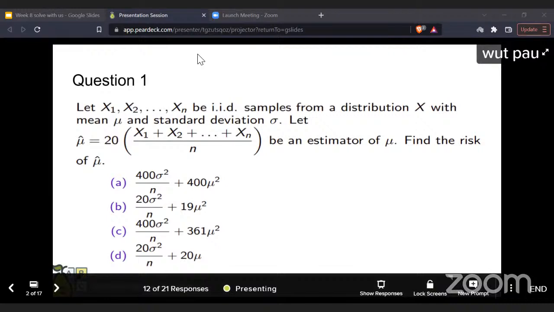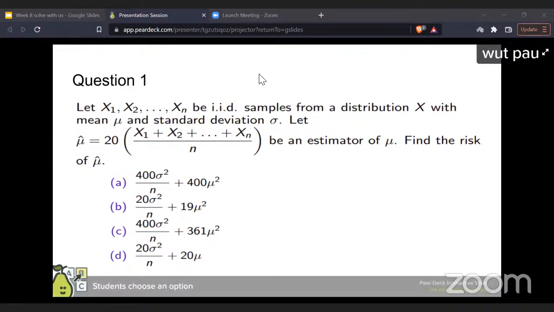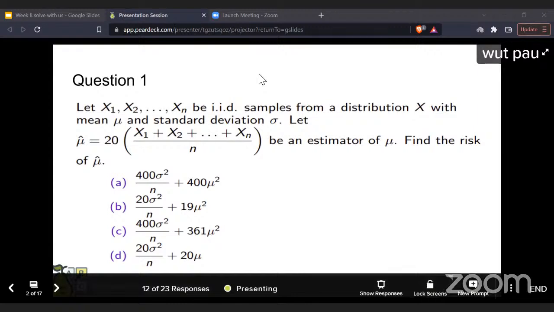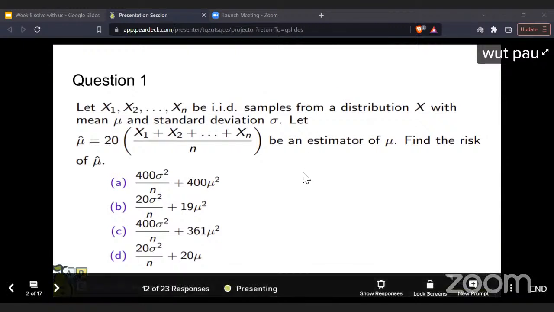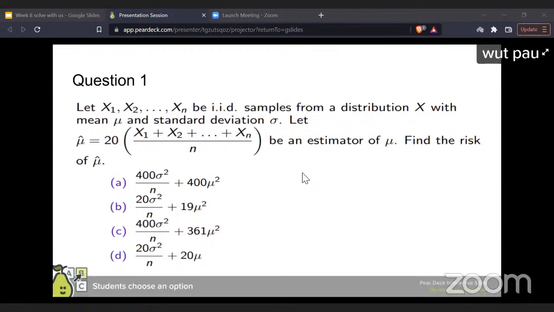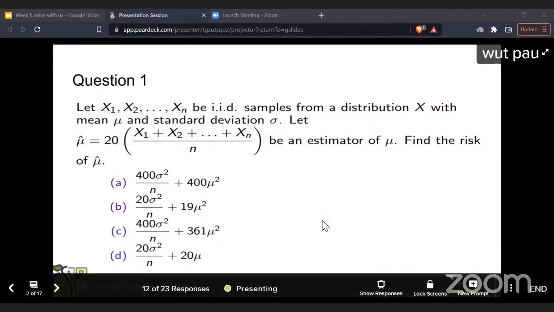Ma'am, we will use bias plus variance of the estimator, variance of mu hat. Okay, so what is the bias that you got? It will be 19 mu. You're getting the bias to be 19 mu. Yes, ma'am. Just by seeing 19 mu, we answered C.